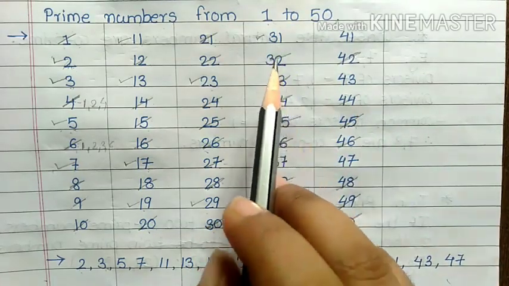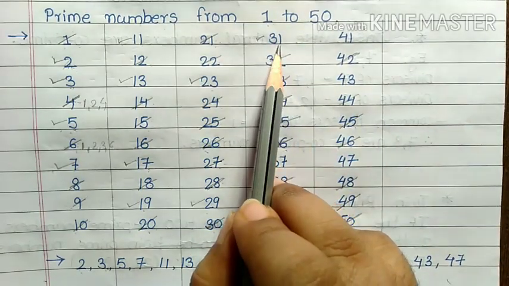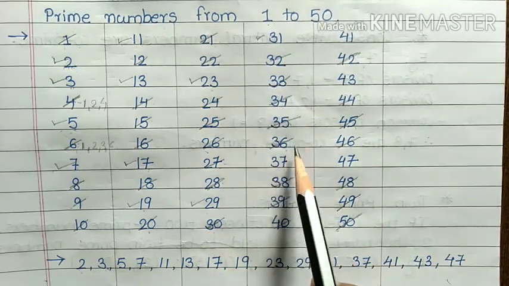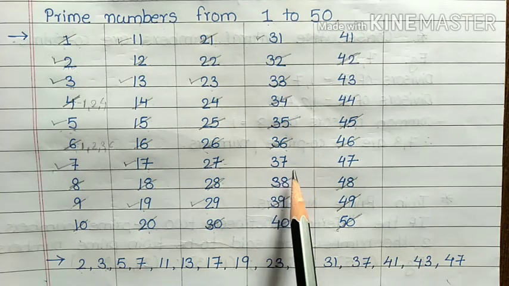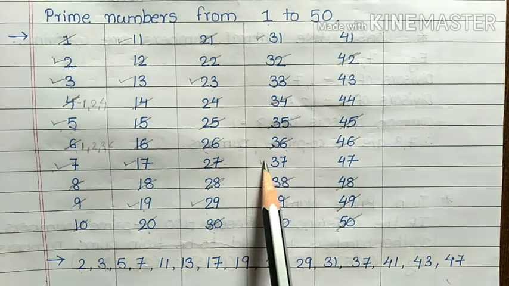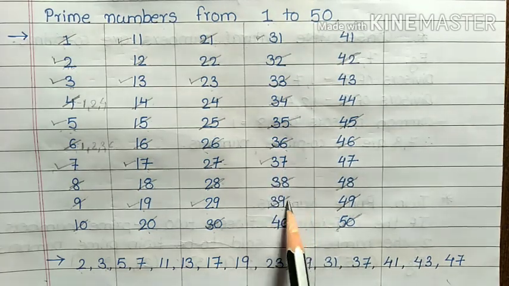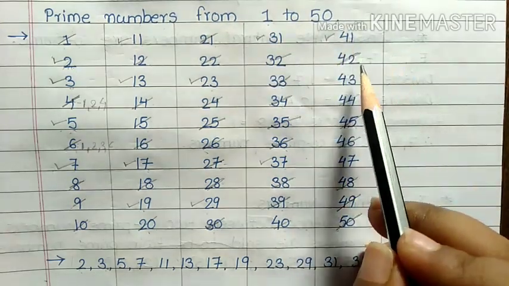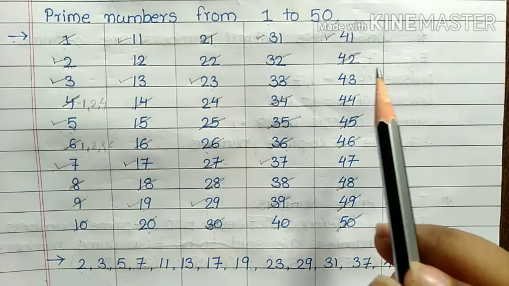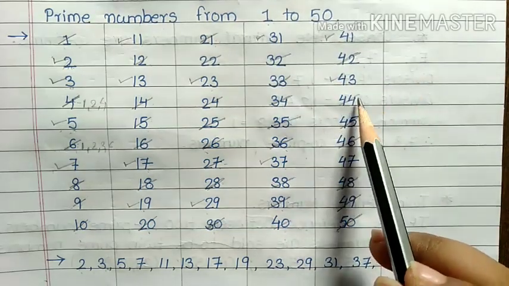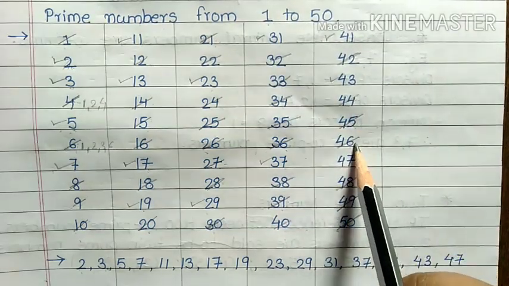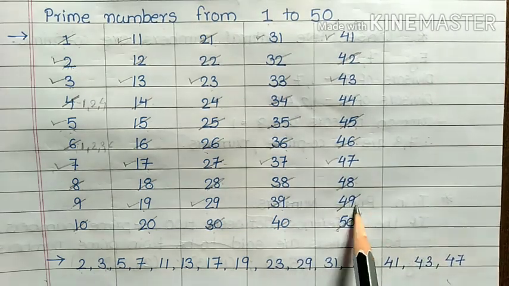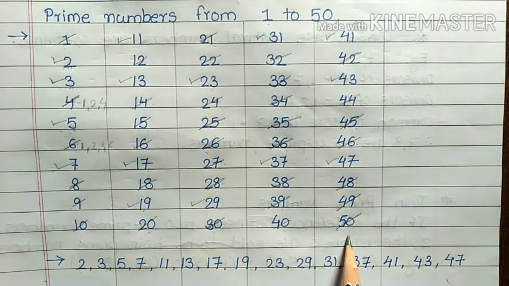Within 50, no more numbers are divisible by 31. 32, 33, 34, 35, 36 are all composite. 37 is prime. 38, 39, 40 are composite. 41 is prime. 42 is composite. 43 is prime. 44, 45, 46 are composite. 47 is prime. 48, 49, 50 are composite.